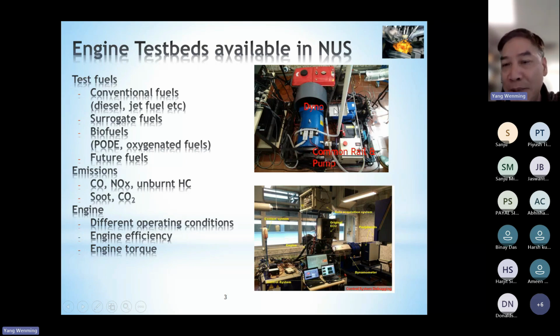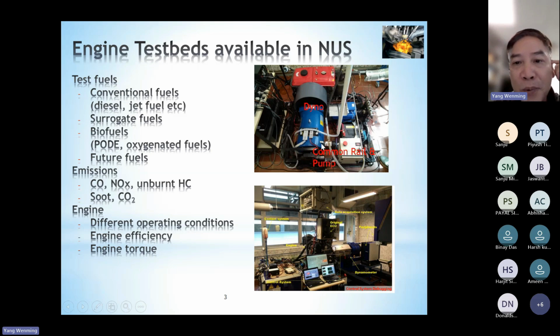We can change the fuel injection strategy. For example, we can use multiple injections. And this one is a 4-cylinder engine. Also a diesel engine, and again we can change the ECU as well for better experimental tests.